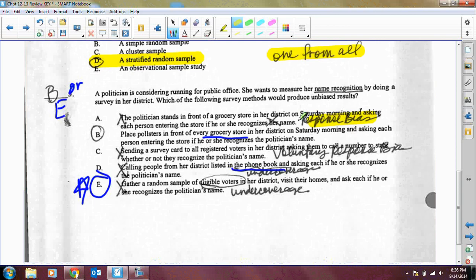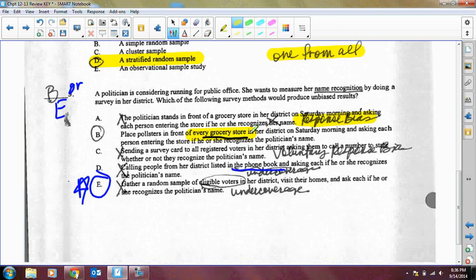Now, if you just placed random posters in front of the grocery store, I think the attempt of having every grocery store was an attempt at making sure you're getting all types of people. But I think that students in the past had argued that that was also undercoverage because you're only getting certain types of people going to the grocery store.